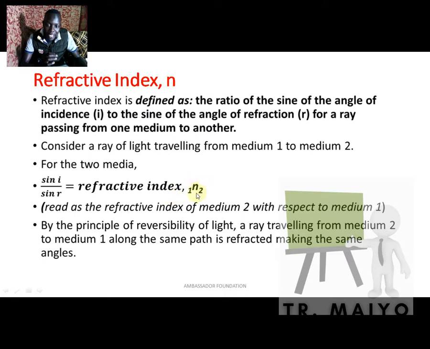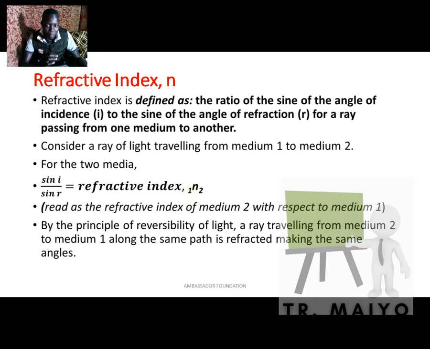For example, in this case, I've written 1 here and 2 here. Somebody who knows physics like you and I will know that the light was traveling from medium 1 to medium 2. Alternatively, when it is written this way, you can say it is the refractive index of medium 2 with respect to medium 1.